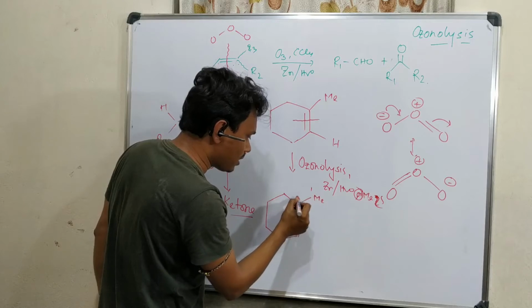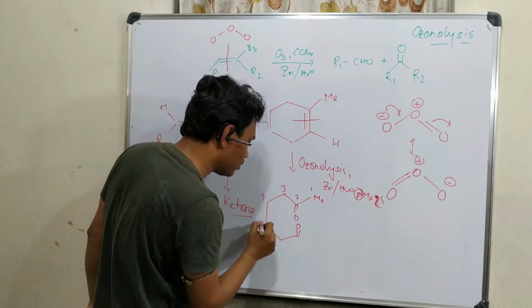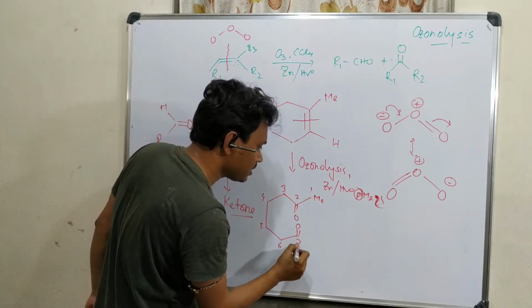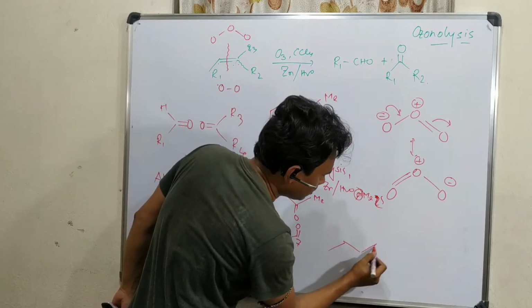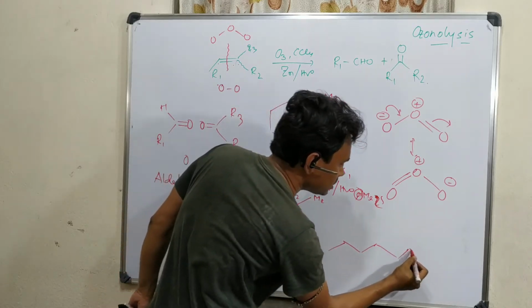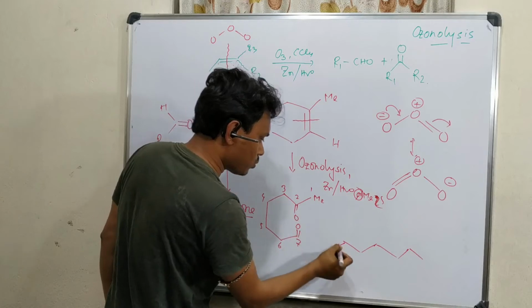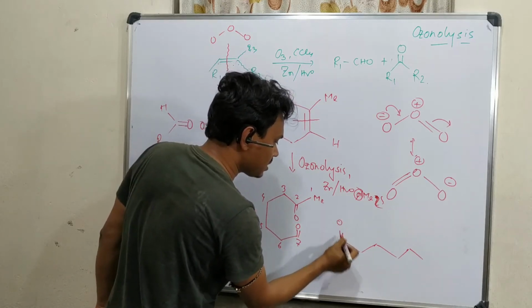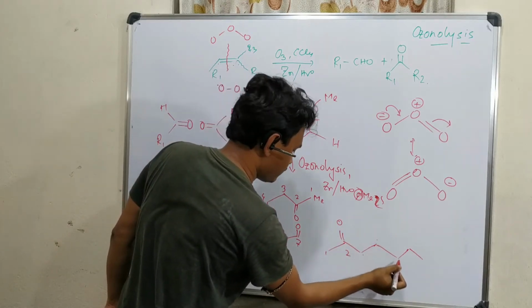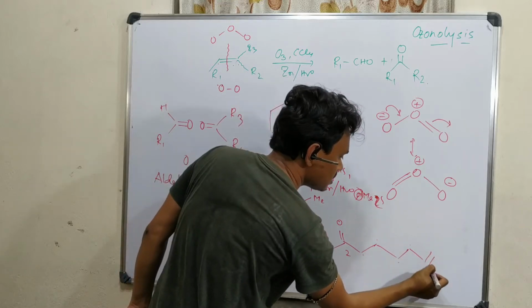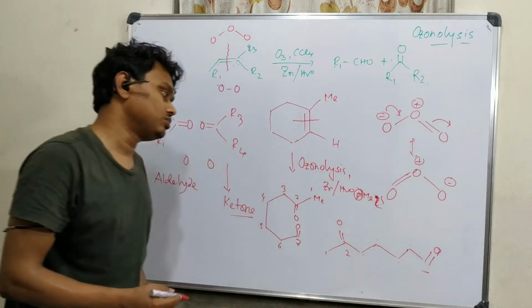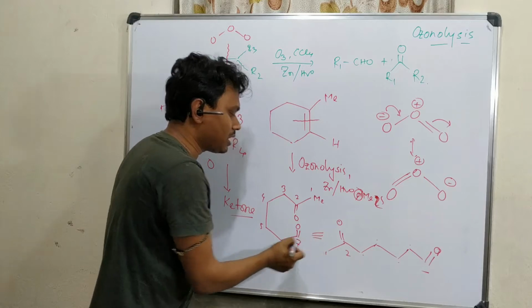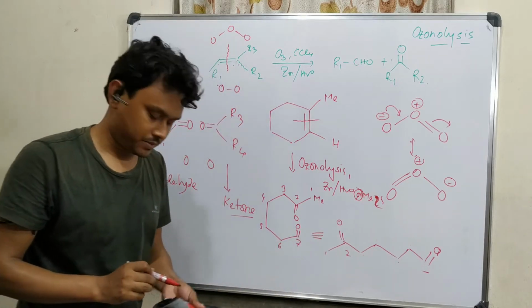For example, this is 1, 2, 3, 4, 5, 6, 7. So 1 here, 2 here, then 3, 4, 5, 6, 7. In this way I suggest you write. Then there will be less chance of mistakes.